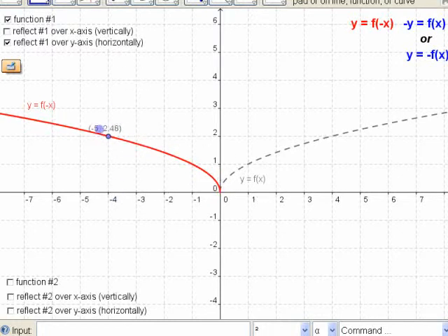You can have the square root of this as long as you're changing the sign, and that's what that negative inside there does. If you replace x with negative x, whatever would have been on this side ends up on that side. So a point that was here ends up being on this side. The x value changes sign, but not the y value. The coordinates to this point are 4, 2. The coordinates to this point are negative 4, 2.